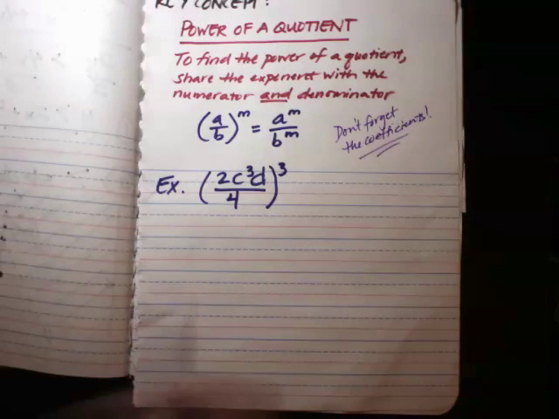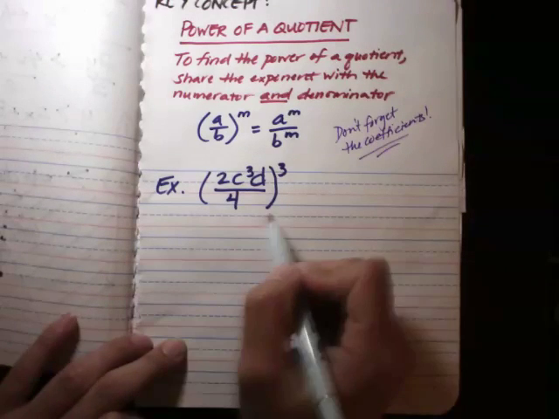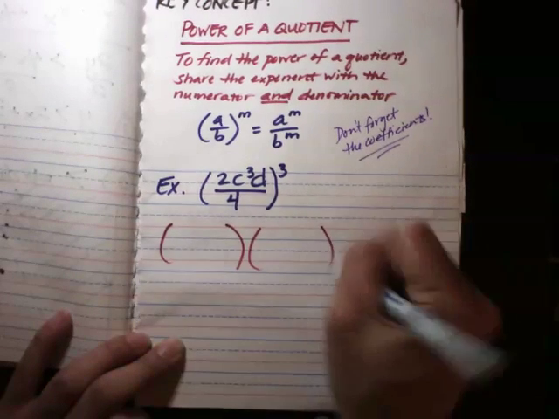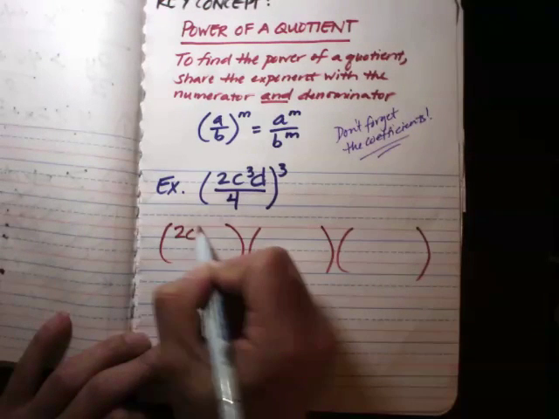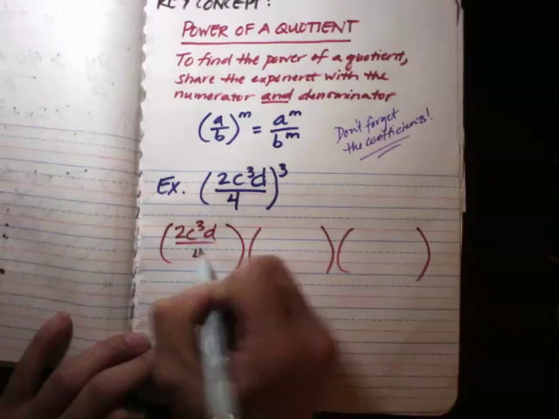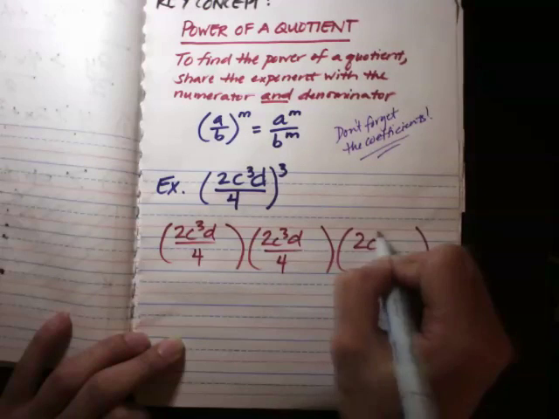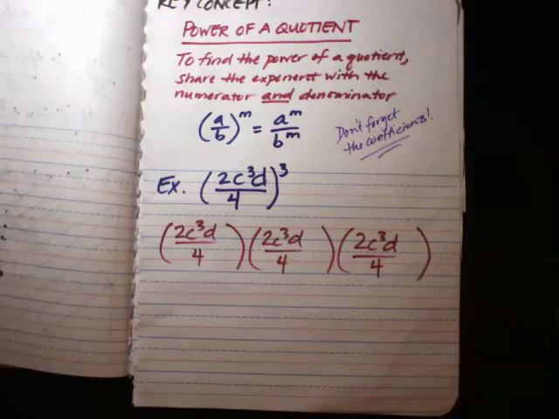Taking a look at this example, we always say, when in doubt, write it out. This is everything that's encased in the parentheses to the third power. That means everything in the parentheses will be multiplied together 3 times. If I write it out, I would have 1, 2, 3 replicas, and we're multiplying together.